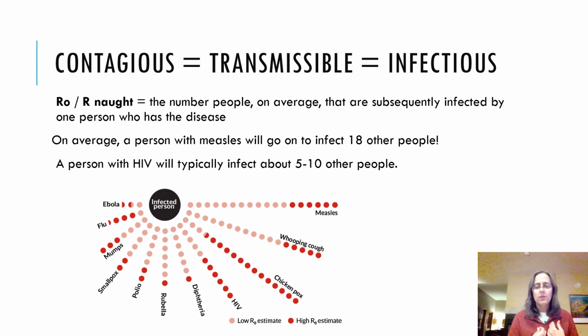If I have a certain infection, on average, how many people am I likely to transmit that infection to? For measles, it can be really high. It can be 10 to 18 or 20 other people for every one person. They infect a ton of people around them. HIV, it's usually about 5 to 10 other people. So this is a way that we talk about how contagious a particular illness is. How many people are you going to spread it to?